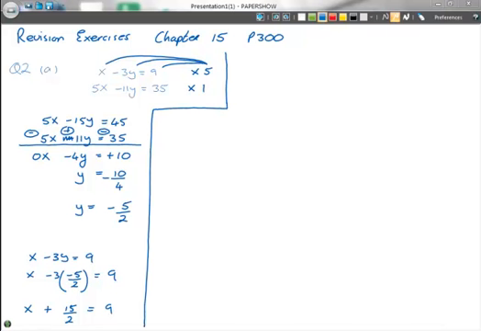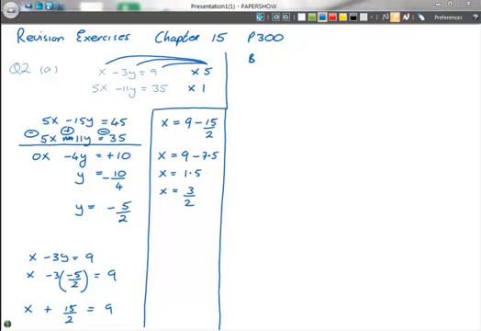So x is equal to 9 minus 15 over 2. I don't have a calculator with me, so that's 7.5. So x is equal to 1.5, or x is equal to 3 over 2. Okay, so there's your first question done, a.